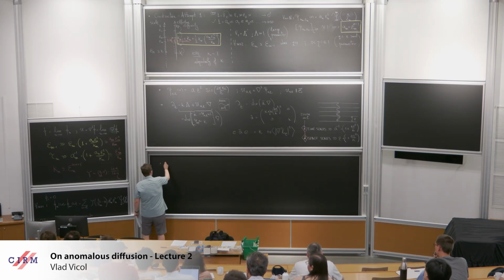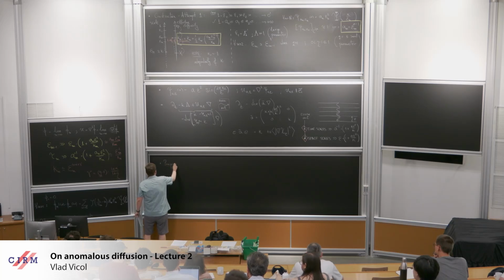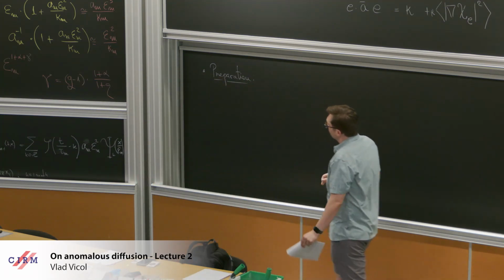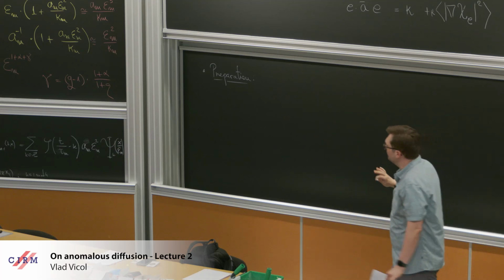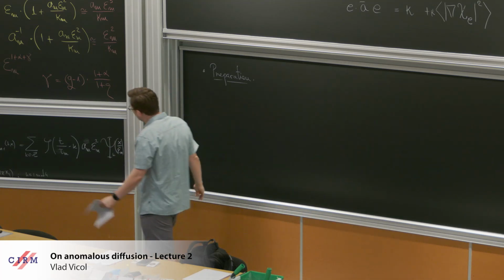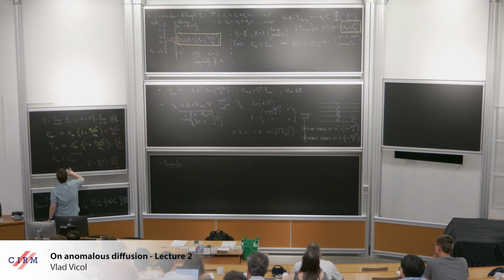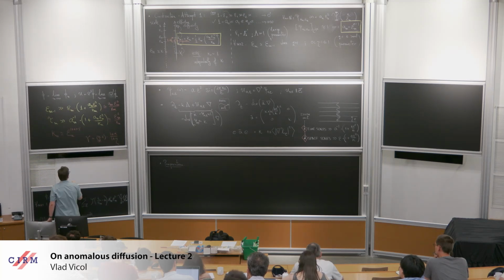So basically the preparation step: all the parameters are chosen now, right? Including tau, which you just take to be this, times a large constant.